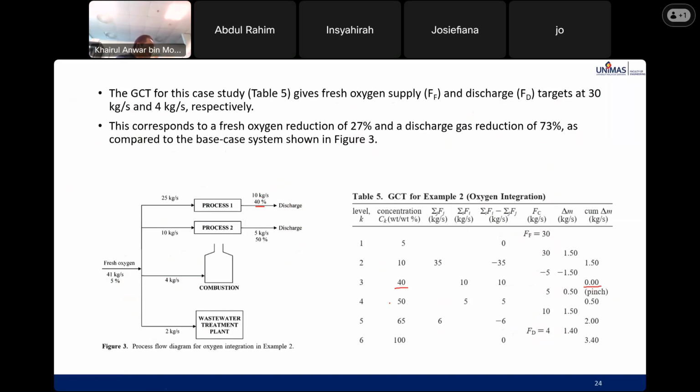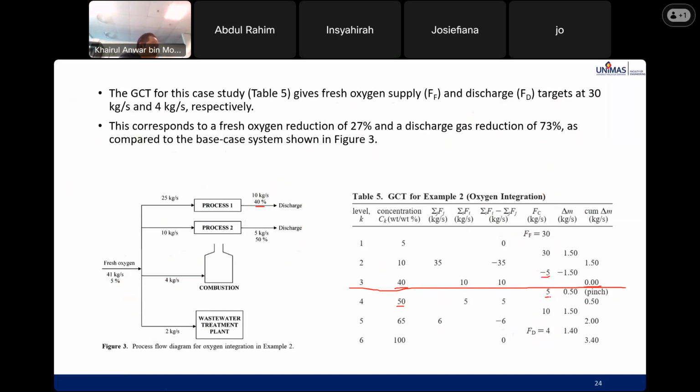Meanwhile, 50% this one is, so this line refers to the pinch. So above the pinch is -5. Here -5.